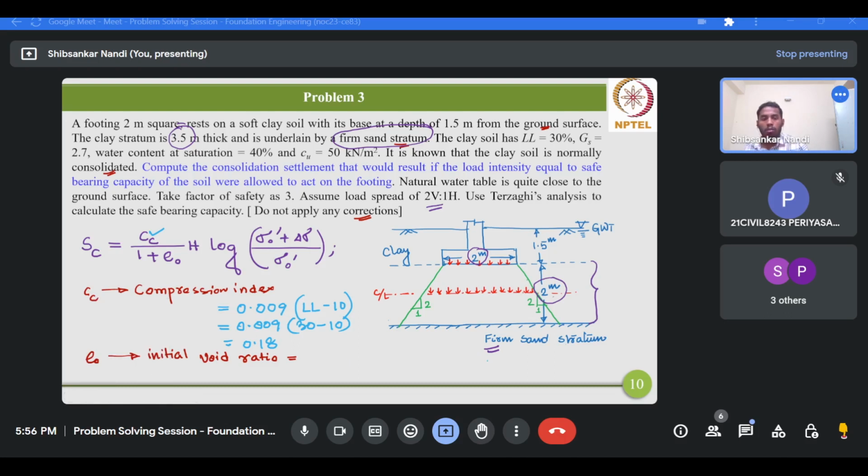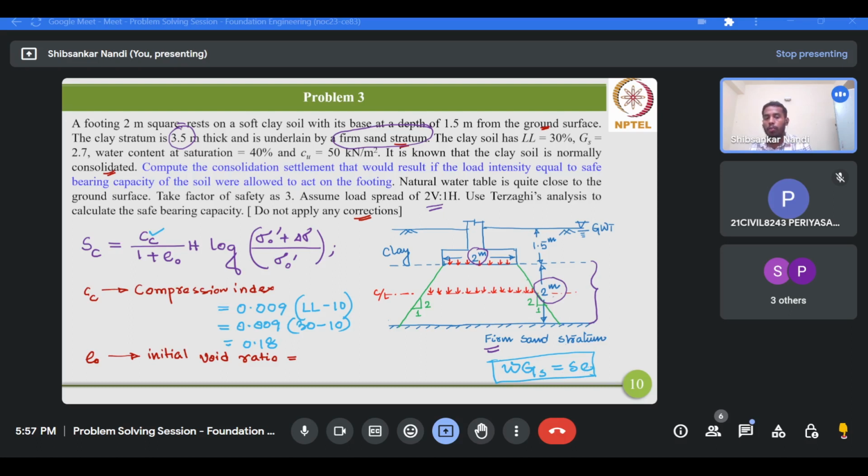You know this expression, w Gs equals S e, which is derived on the basis of the three-phase relationship. Here w denotes the water content, Gs denotes the specific gravity of the soil solids, S denotes the degree of saturation, and e denotes the void ratio.